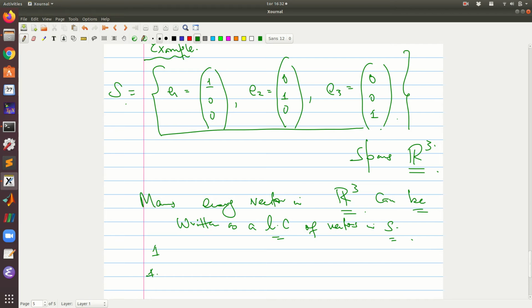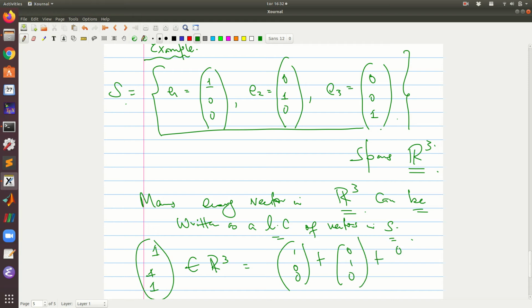Even the simplest one taken from R3, we know it can be written as a linear combination of these vectors. In fact, it is just that. That is the simplest case.